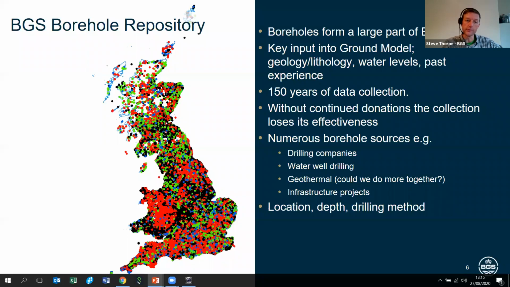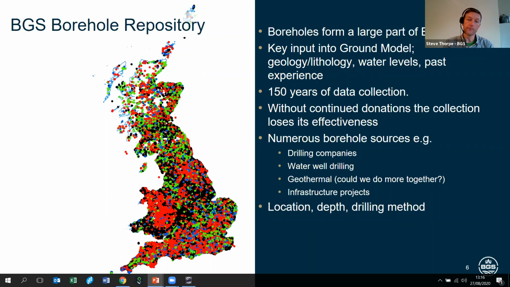The map there shows the spread of boreholes. Each of the points on the map represents a borehole, and each of the colours represents a depth. The red are the deepest boreholes that we've got in our collection. The collection goes back about 150 years, so we've got some really early borehole records going back that far.